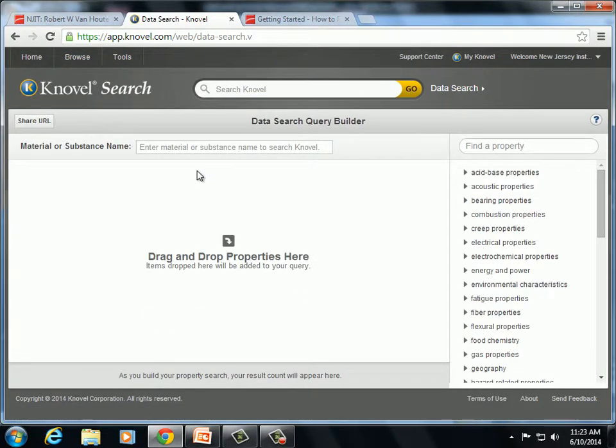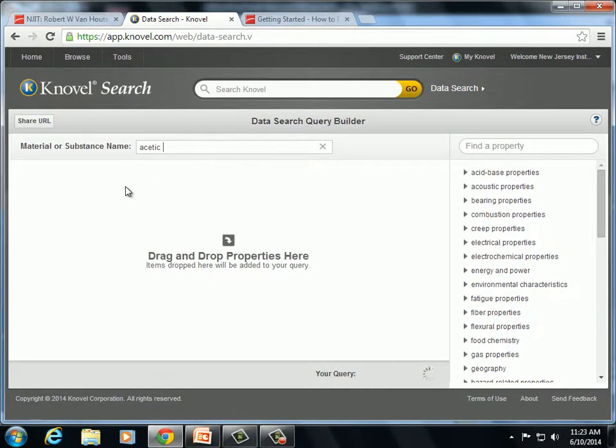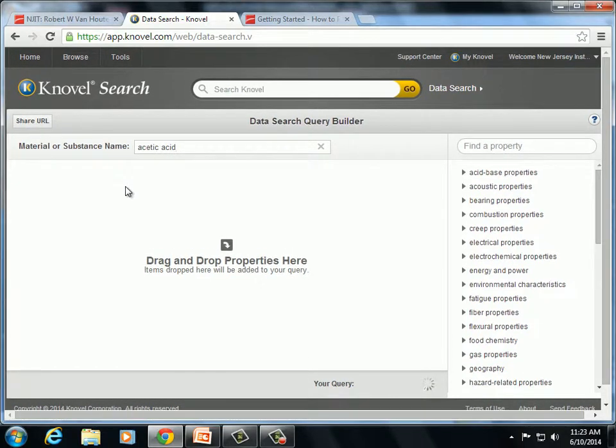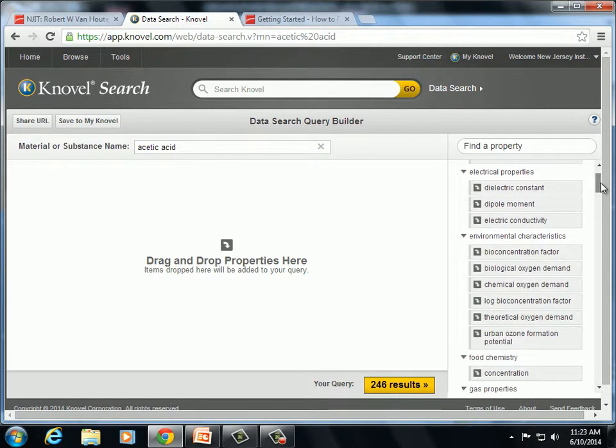I'm going to say here, enter material substance name, and I'm going to say acetic acid. Once we put in acetic acid, it gives you the list of properties that are available in the Novel database.